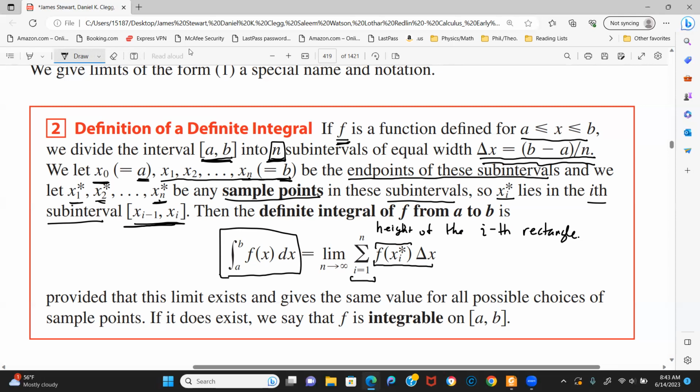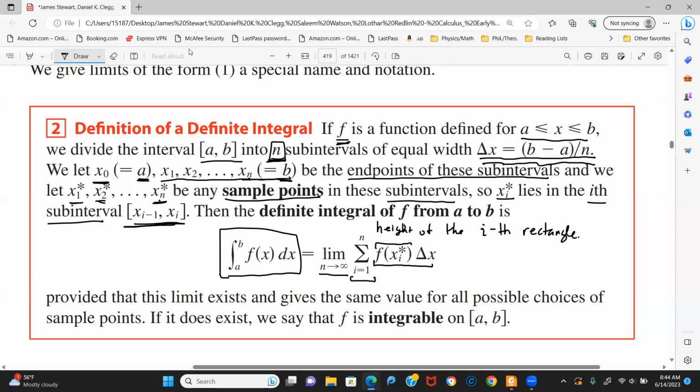And then finally, you're going to take a limit as n goes to infinity, because you want more and more division points. You want to divide this whole interval, a comma b, into more and more subintervals, and that's going to give you a better and better approximation of the actual area, or in this case, the signed area, because you could possibly have negative.